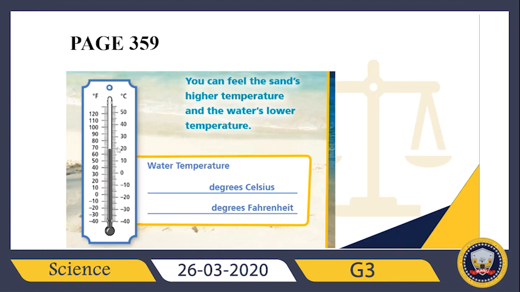I can see it's almost 20, right? So I can say the temperature of water is 20 degrees Celsius when I check the right side. But when I check Fahrenheit, I can see it's between 60 and 70, and it's so close to 70. So when I count the lines, I can see this equals 68 degrees Fahrenheit.